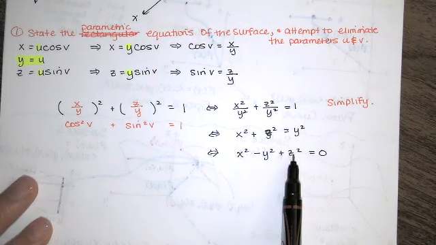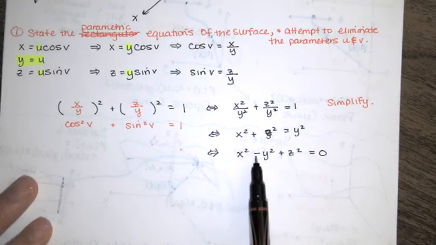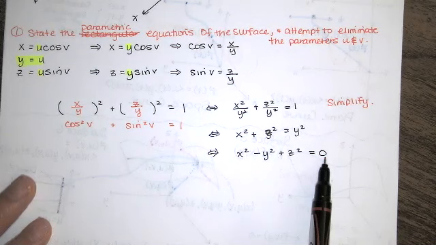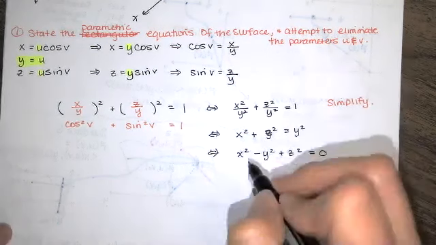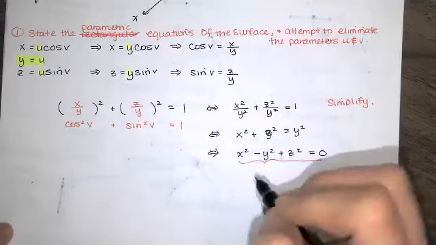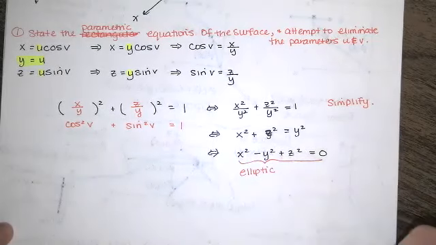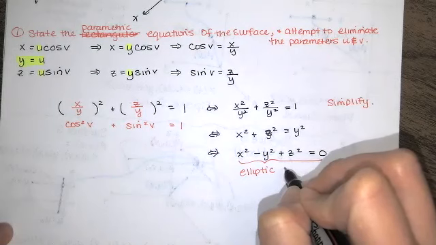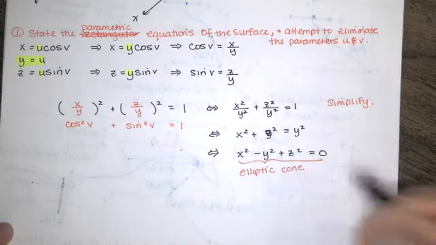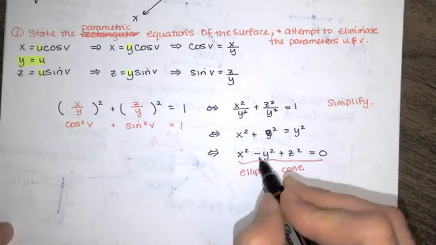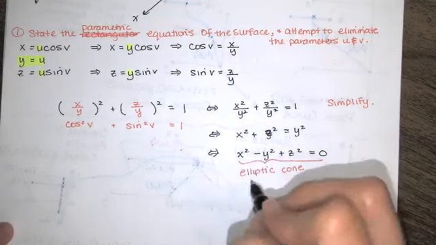X, Y, and Z are all squared. These two are positive, that one's negative. There's a 0 on the right-hand side. So this is the equation of an elliptic cone. It's actually a circular cone. It opens in the direction of the y-axis.